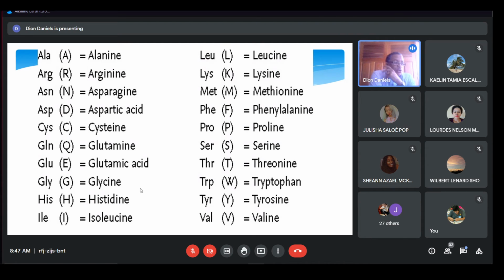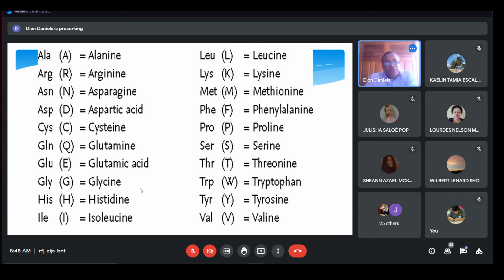So if I give you a DNA molecule and tell you to build a protein from there, you'll have to first build your messenger RNA, and from your messenger RNA, find which code corresponds to which amino acid, and you build your protein. Of course, it has to be in the particular sequence in which these codons appear.